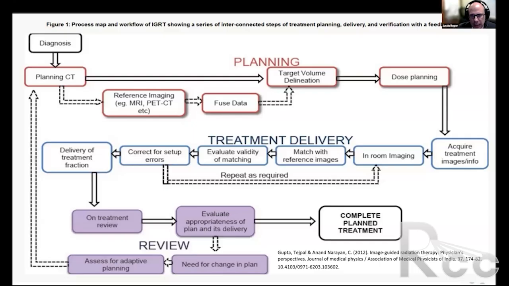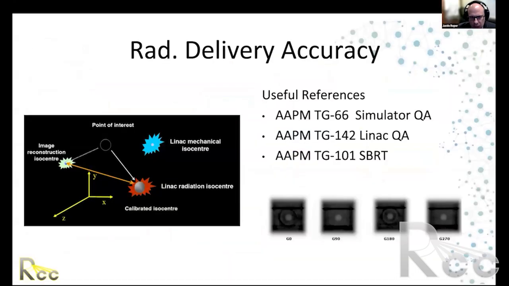Next slide, please. And so I just want to conclude by cautioning that as we talk about tightening margins, it is so important for the physicist to have a very rigorous quality assurance program in place that verifies the accuracy of the CT simulator, of the linear accelerator, and even more rigorous still, if stereotactic treatments are going to be performed on that machine, whether it be in the brain with radiosurgery or in the body with an SBRT technique.